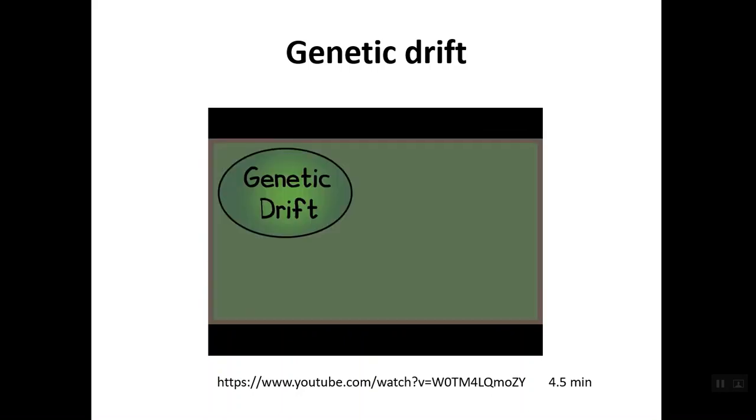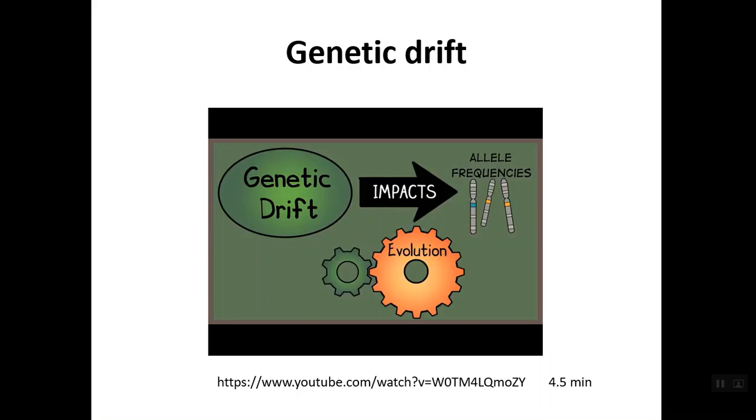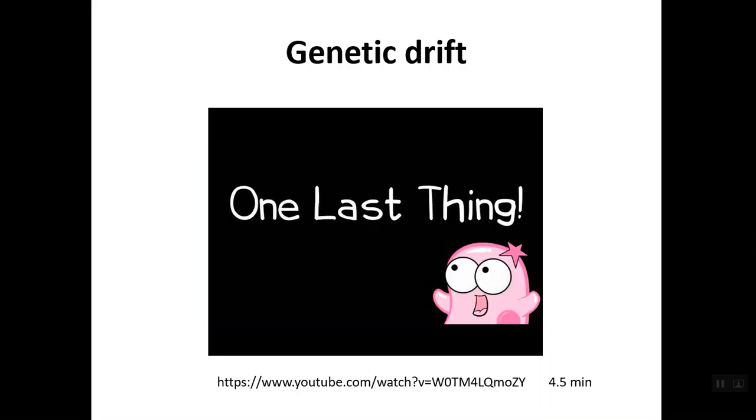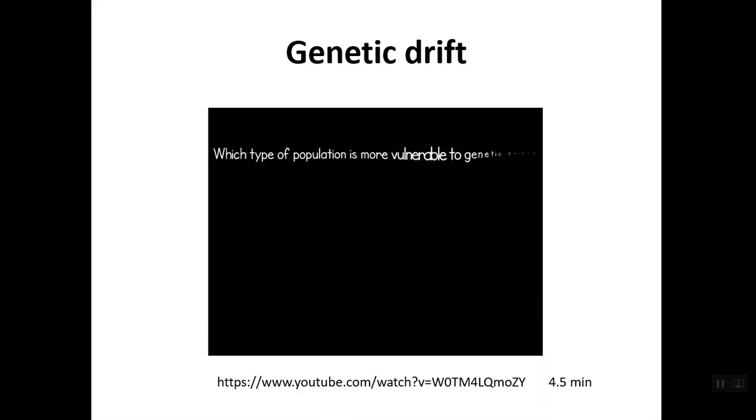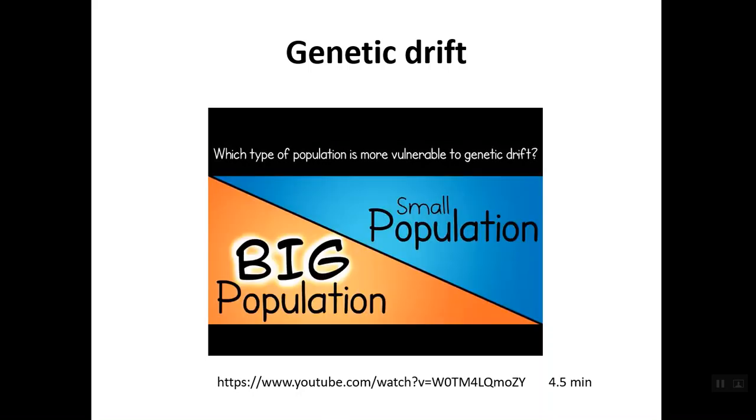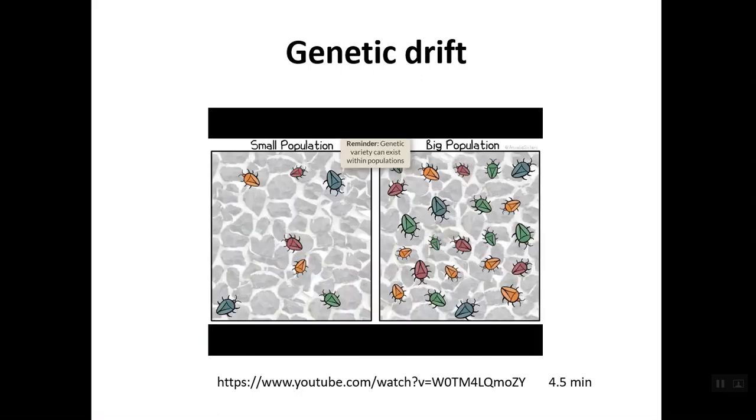In summary, genetic drift can make some big changes to allele frequencies, and it's a mechanism for evolution. So one last thing. Which type of population do you think would be more vulnerable to genetic drift? A big population or a small population? If someone is just doing some intense candy hunting and by accident scooter rides over a few insects, look at the results in the small population versus the big population.